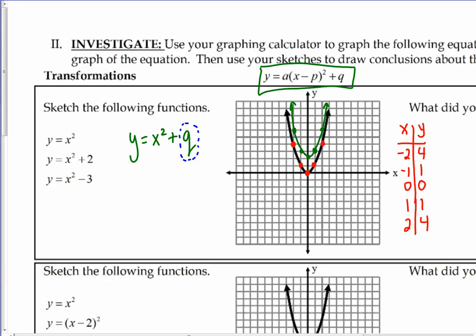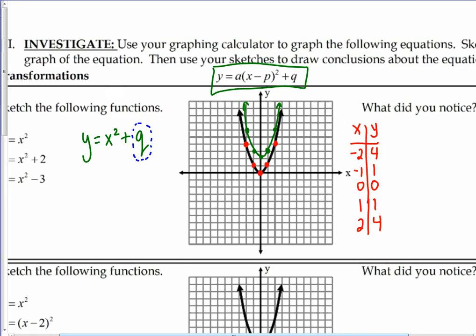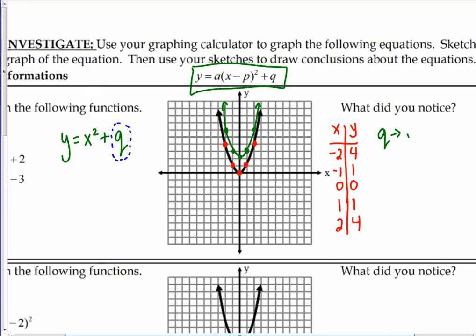So it moves the graph up or down. So the Q value is the vertical translation or shift, where it moves the graph up or down.